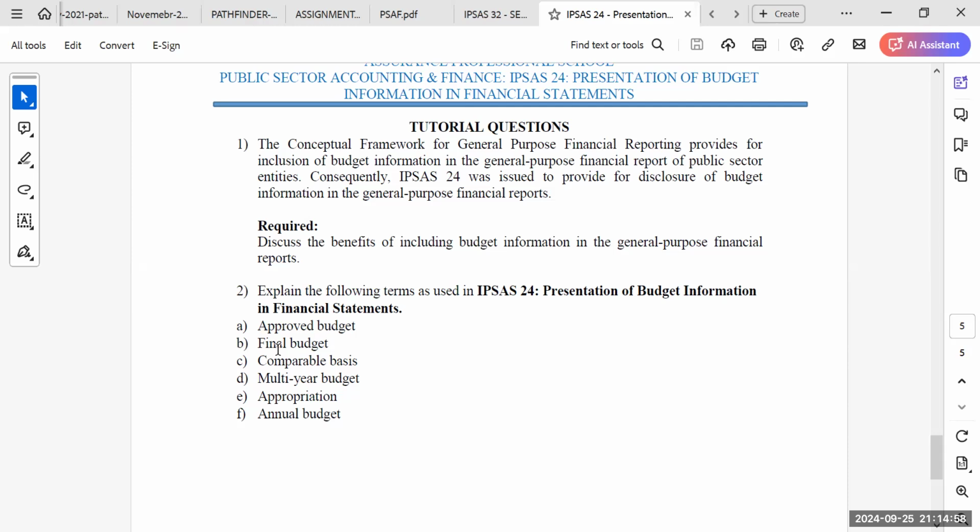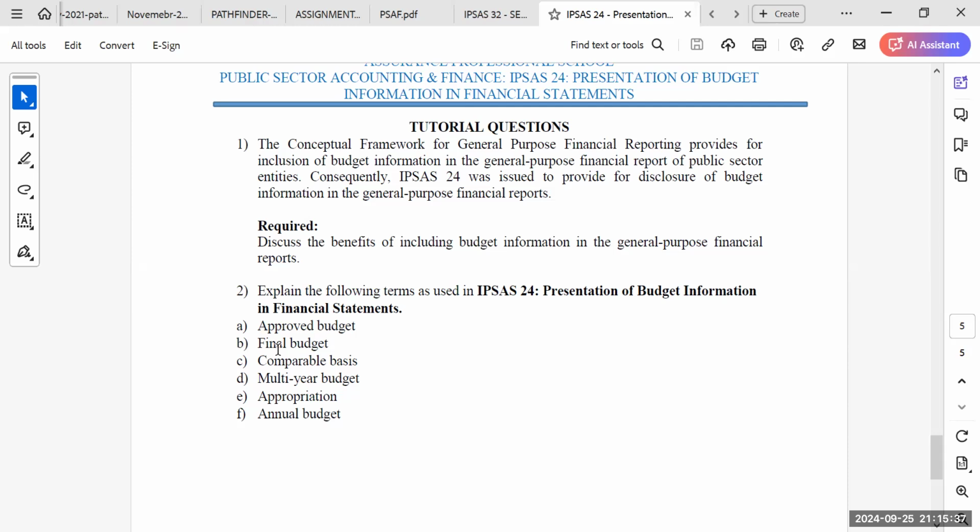So the final budget is the original budget, which is adjusted against carryover reserves, any supplementary appropriation, and any other issues that will be done. So the budget that will be derived after taking into consideration the necessary adjustments, that is what we call the final budget.